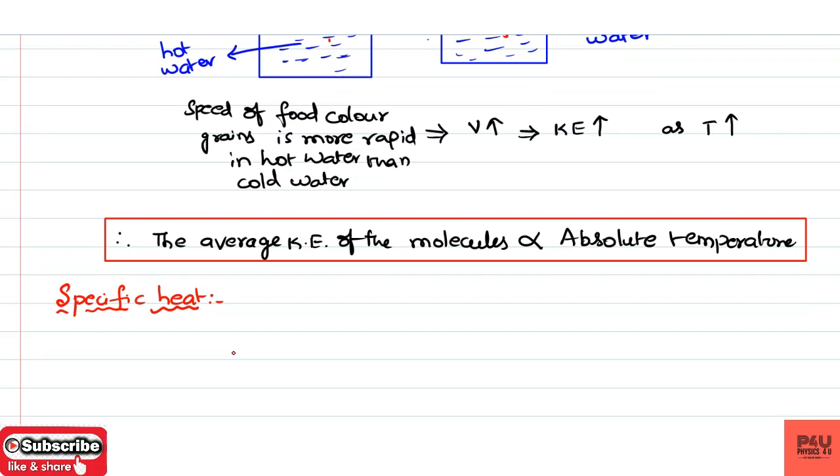First of all you have to think about objects, all materials. Different objects are made of different materials. So when you heat all the objects, will they take the same heat energy? They will not take the same heat energy.